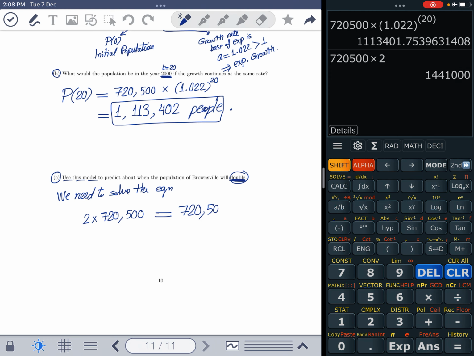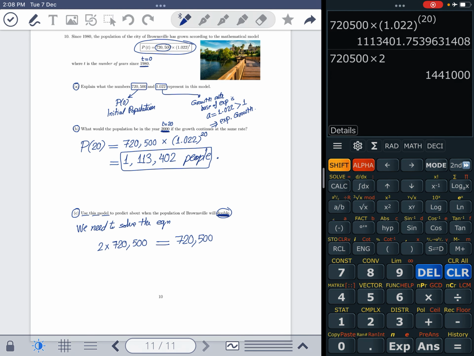So you'll put the formula where it was what? 1 times 1.022 to the t, and we need to solve the equation for t, of course. We need to find the t, the time that if you replace will make the function double the initial amount.